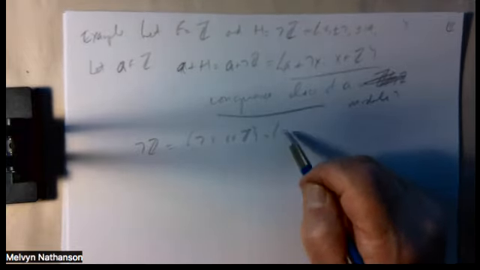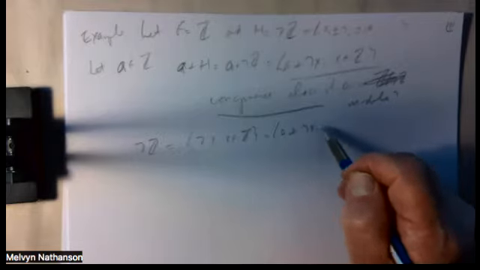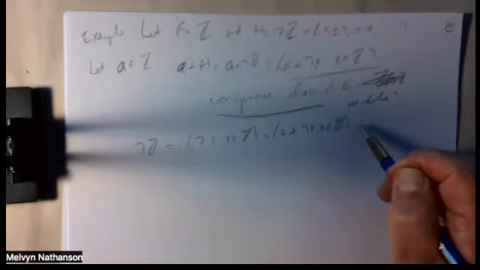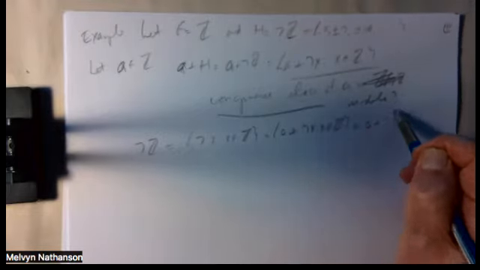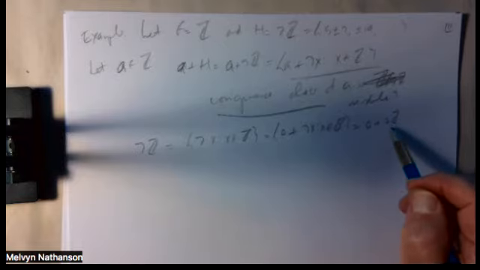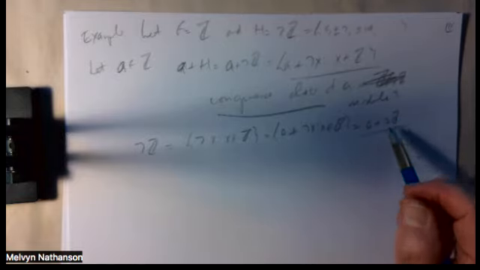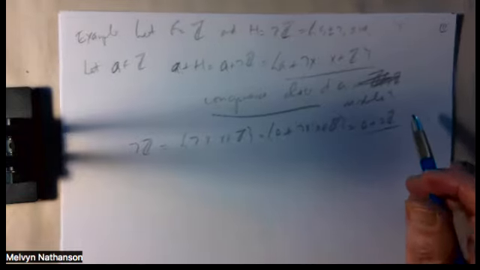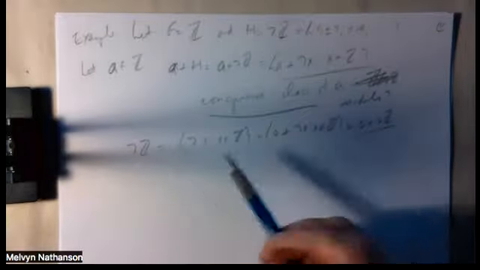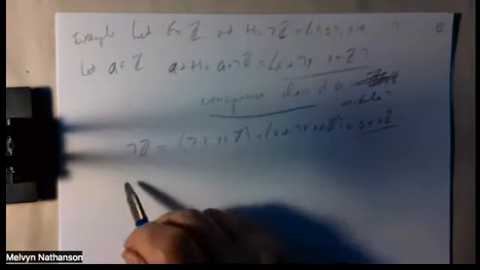You could think of this as 0 plus 7x. So this is 0 plus 7Z, the equivalence class of 0, or the congruence class of 0. We don't usually write down the 0 here, right? So 7Z is the congruence class of 0.